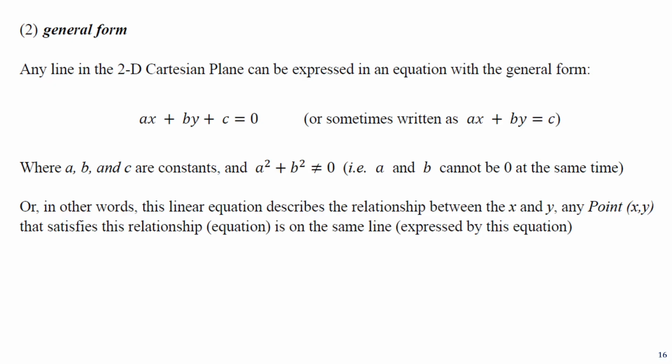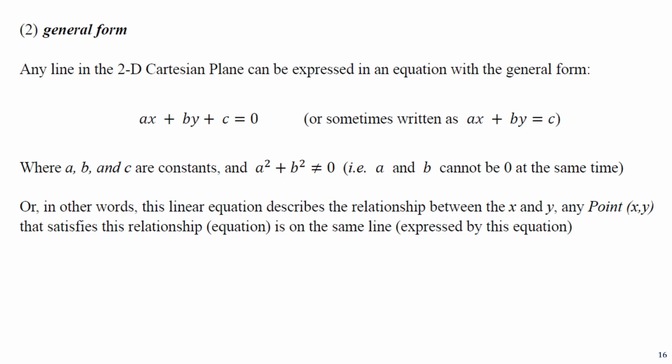And the next type of equation for a line is called the general form. Any line can be expressed in this form: ax plus by plus c equals 0. Or sometimes we move c to the other side: ax plus by equals c. Doesn't matter if you use positive c or negative c, because c is an arbitrary real number, right?